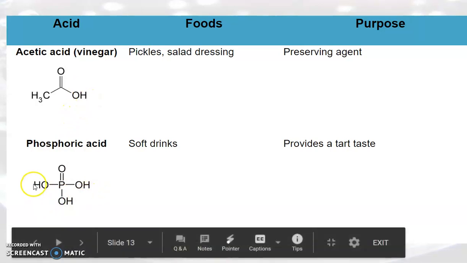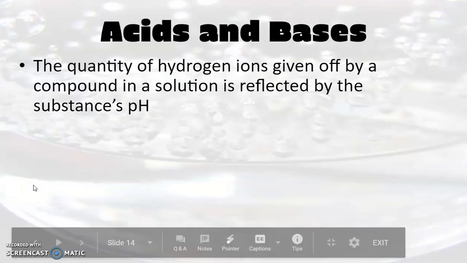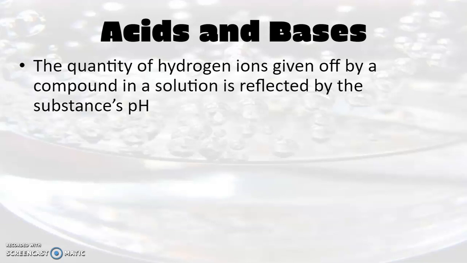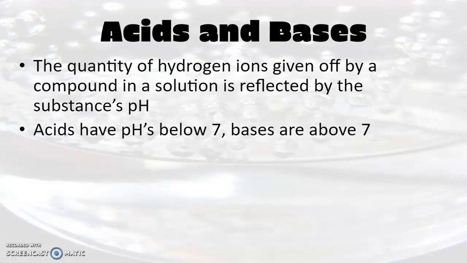Technically, what you do is take the negative log of the concentration of the hydrogen ions, put it into your calculator, hit the equal sign, and you get a value called the pH. So the pH is technically a logarithmic calculation done with the hydrogen ion concentration.